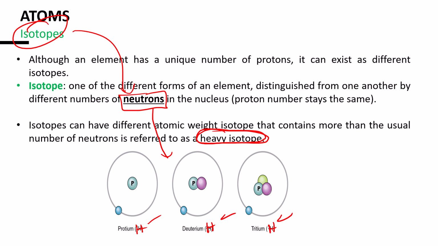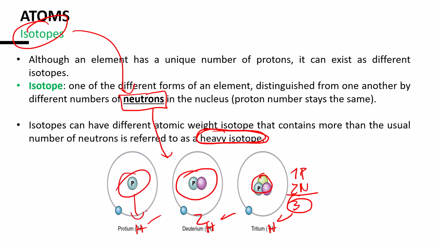The one that has two neutrons in the nucleus, because to calculate the atomic mass, you just sum all the protons plus the neutrons. So one proton plus two neutrons, the atomic mass for that isotope is 3. If you do the same thing with this version of hydrogen, it is a little bit lighter because the atomic mass is 2, and this one is even lighter because the atomic mass is 1. Those are isotopes.